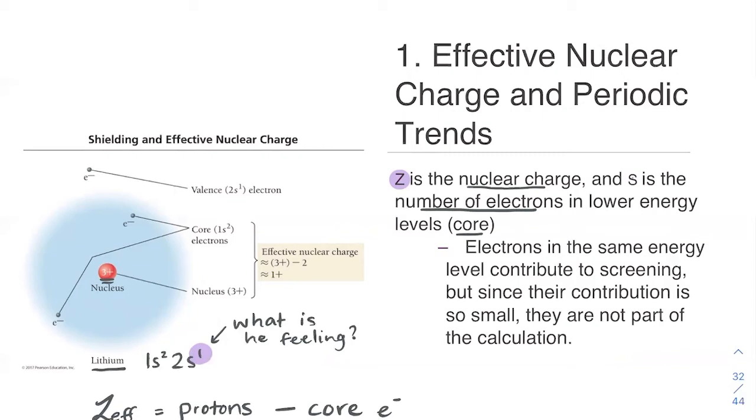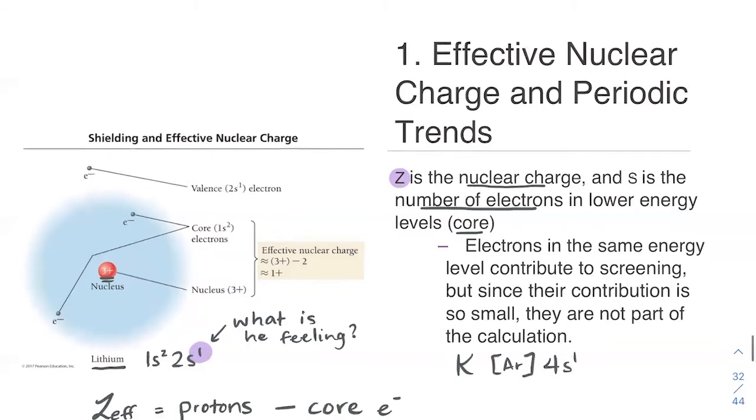Now, let's take another atom in that same family. Let's go to potassium. Potassium has an electron configuration, we'll do the noble gas configuration, argon 4s1. Now, argon is 18 electrons.